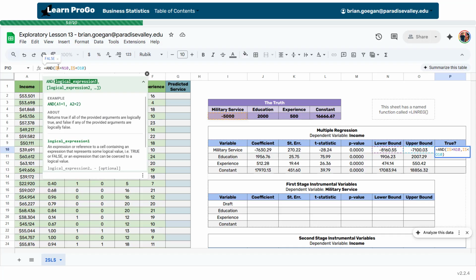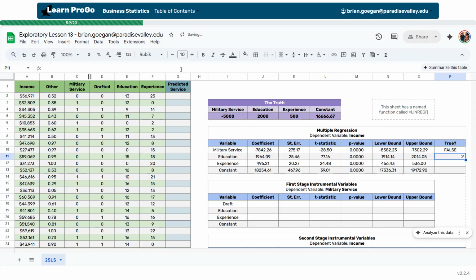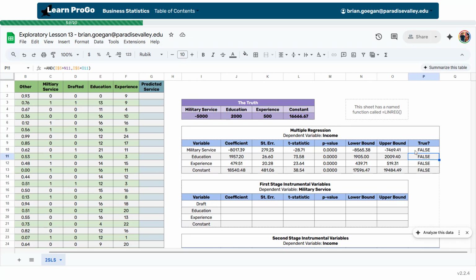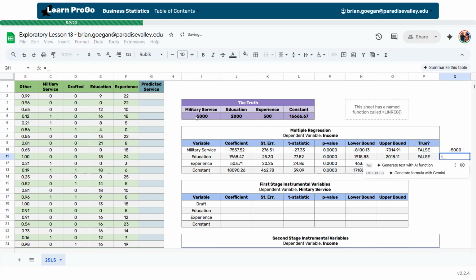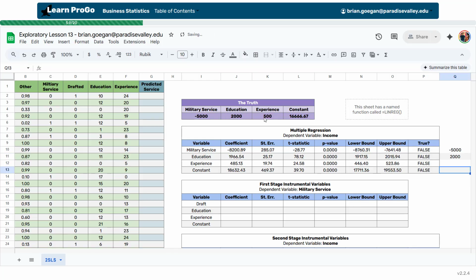I'm going to throw some dollar signs into this so that I can drag it down. And then, you know what you could do? Here, let's do a different thing. Let's instead put this here, put this here, put this here, and put constant here.